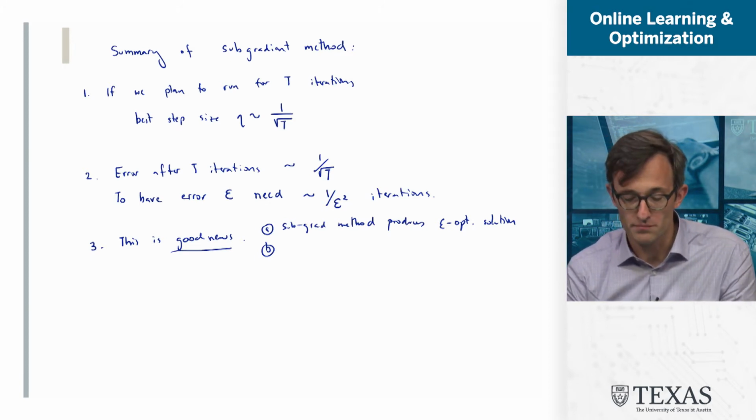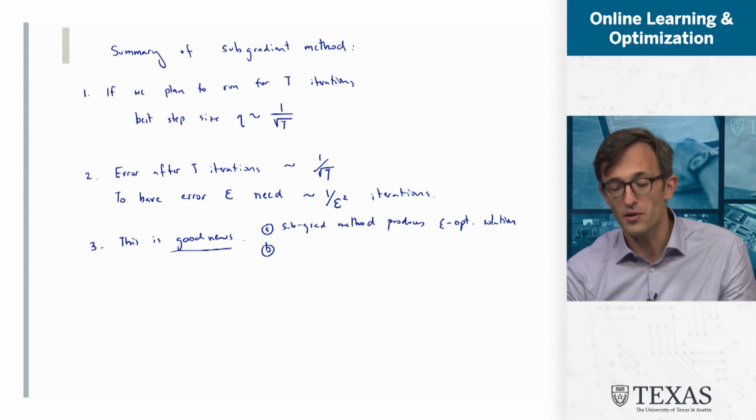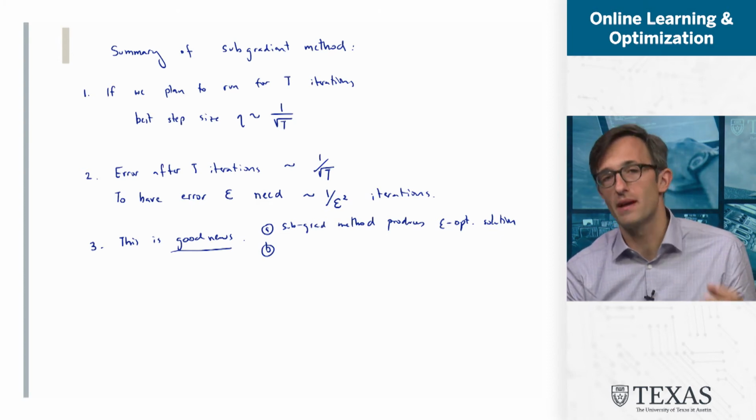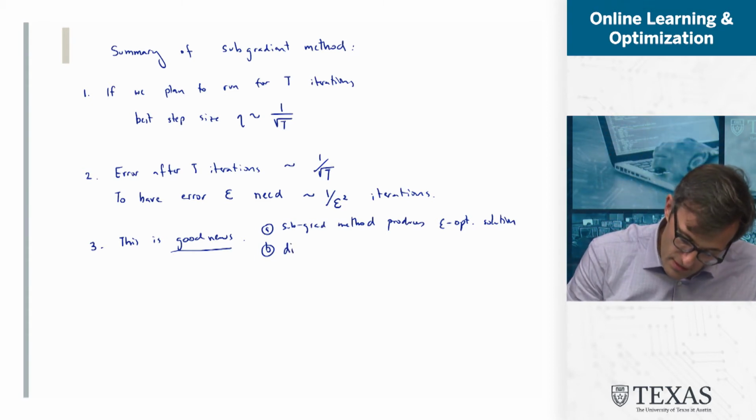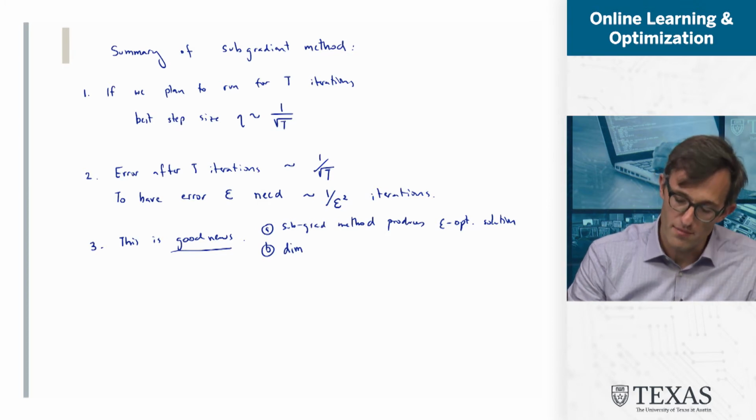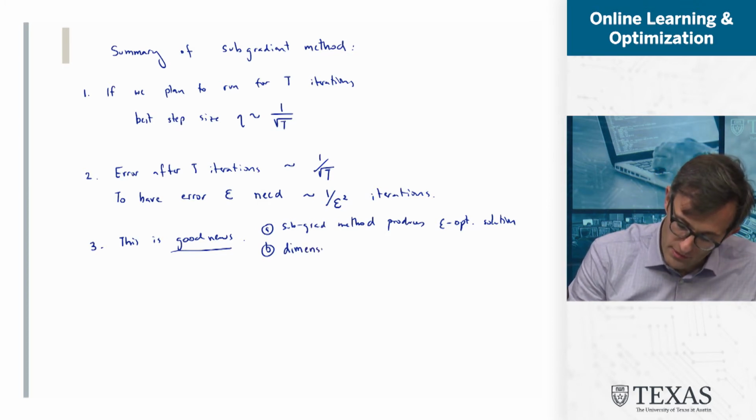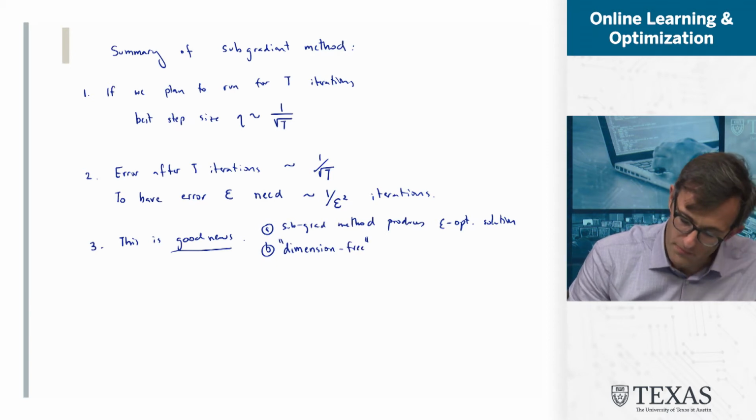I don't have anything that depends on the dimension in terms of how many iterations I need. And this is one of the reasons that gradient descent and the subgradient method are sometimes called dimension-free. We'll be talking about this more.